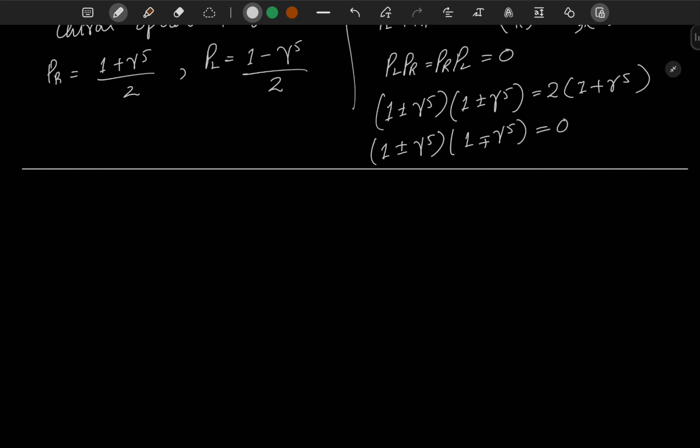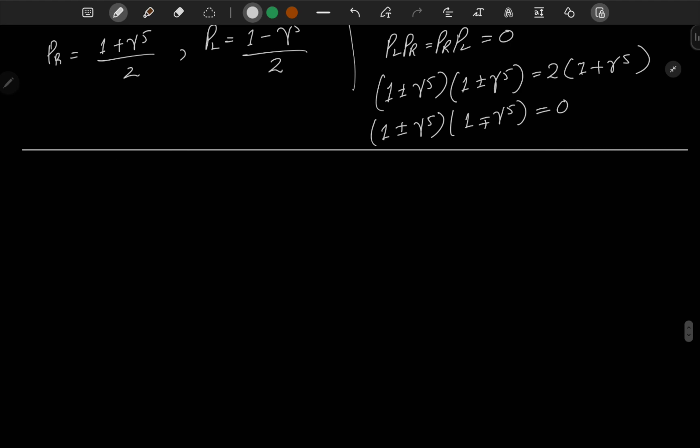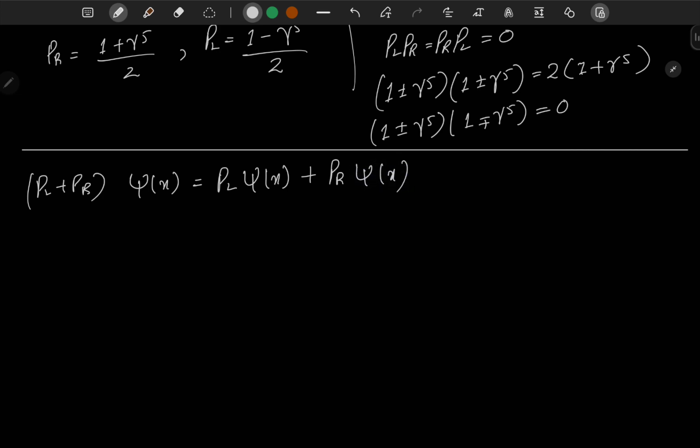So that's why we introduced this. Now if we have a function and operate the chiral operators on it, we get the left-handed part of psi of x and the right part of psi of x, or we can write it like this: psi L of x plus psi R of x.